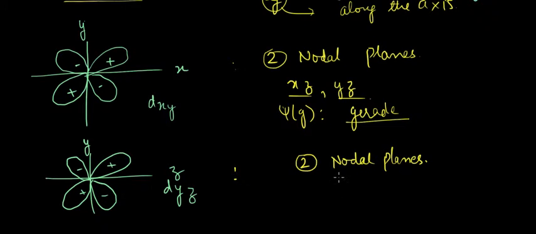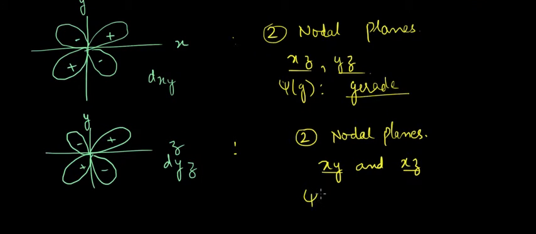The orthogonal planes to y and z would be x, so the nodal planes would be xy and xz, and again it would be gerade because the number of nodal planes is even.